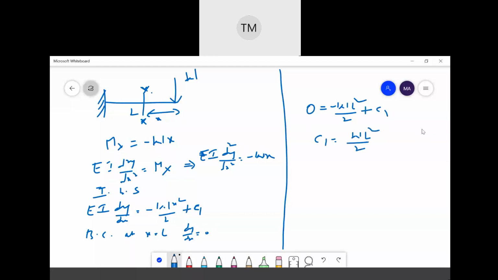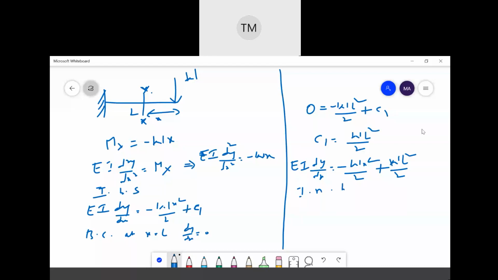Then this equation becomes, substituting the value of C1, EI dy by dx is equal to minus w into x square by 2 plus wL square by 2. Again I am integrating on both sides.